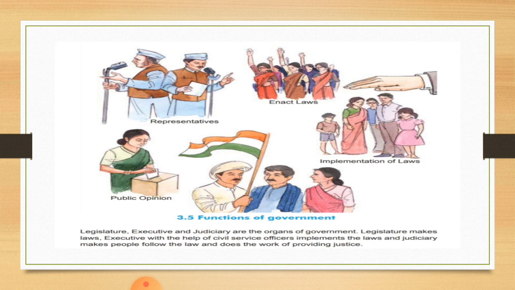The legislature makes laws. The executive, with the help of civil service officers, implements the laws, and the judiciary makes the people follow the law and does the work of providing justice.